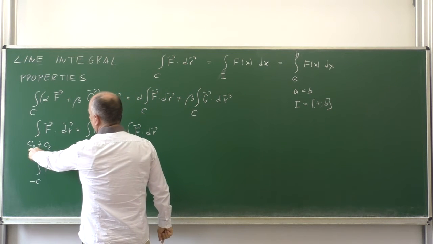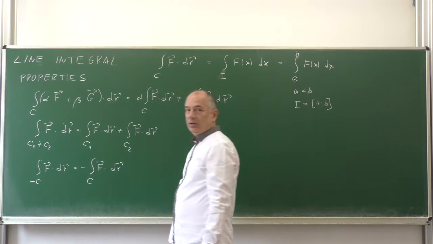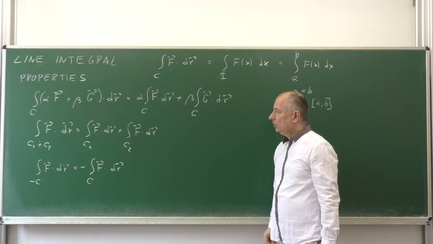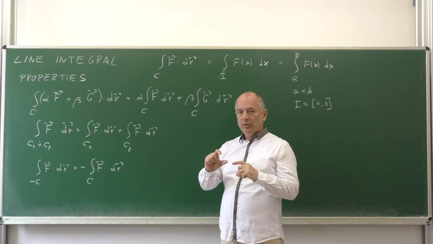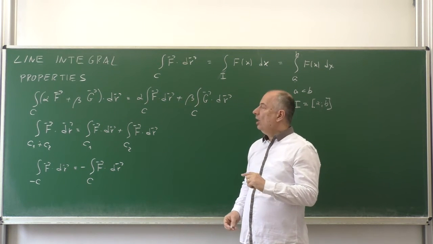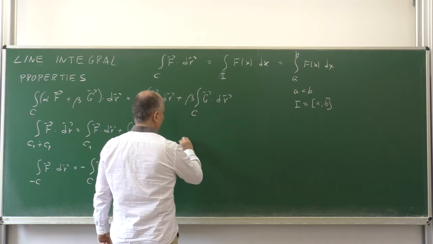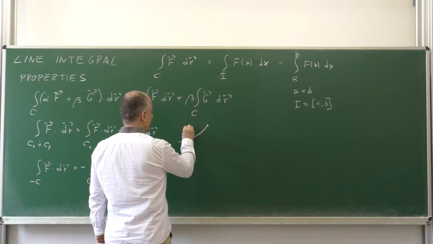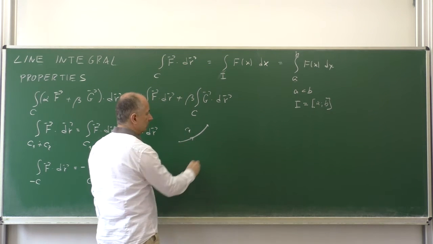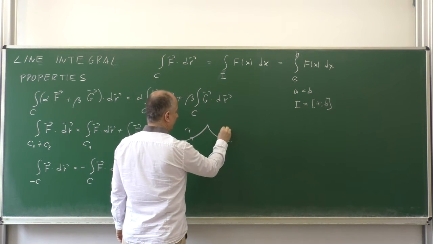Similarly, if we have two curves, C1 and C2, and the endpoint of the first curve coincides with the initial point of the second curve, say this will be the curve C1, and this will be the curve C2.